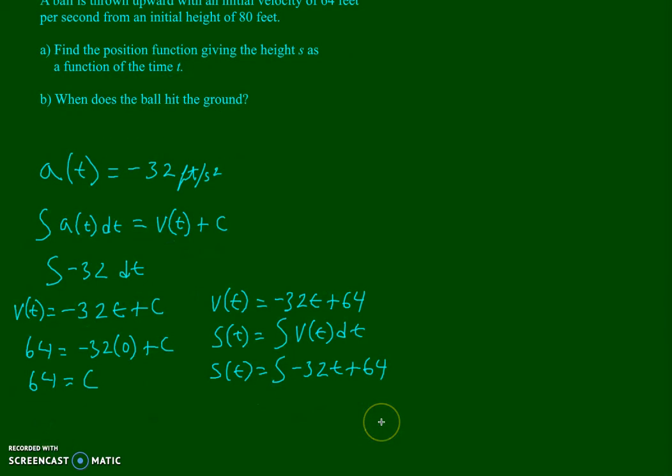Run out of room, so let's give ourselves a little bit of room. And never forget, we must use the variable of integration here. So s of t equals negative 32, pull out the constant, add 1 to the exponent, t squared, divided by the new exponent, plus 64t plus c.